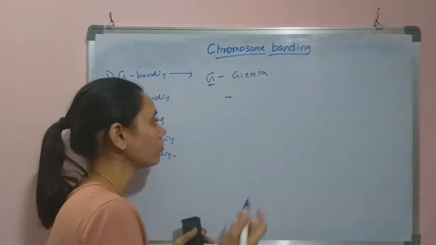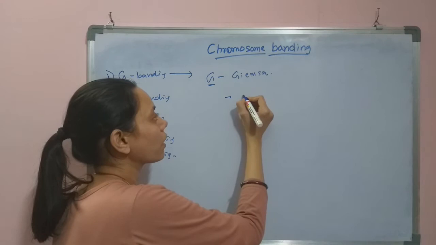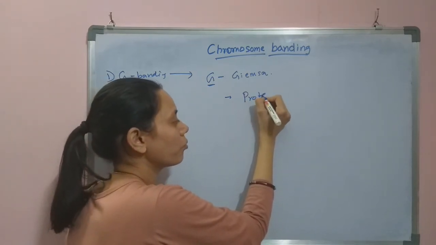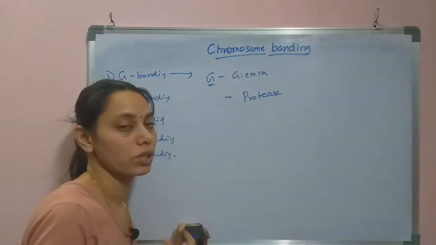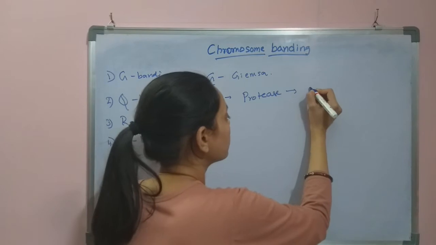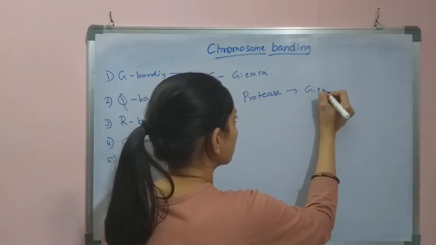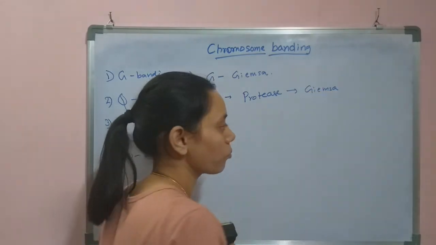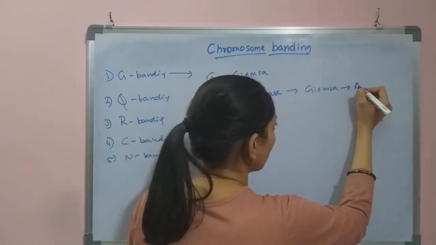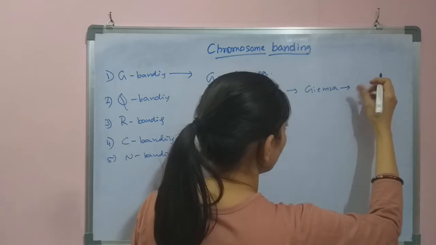Here the chromosome is first treated with a protease to degrade its proteins, and then the Giemsa dye is applied to the sample to stain its DNA.